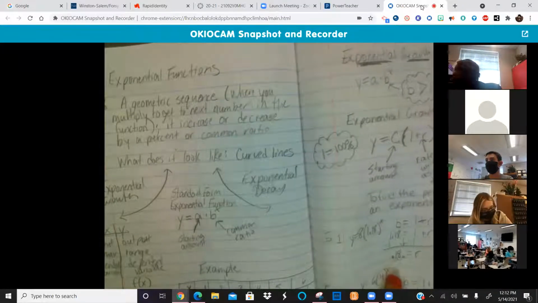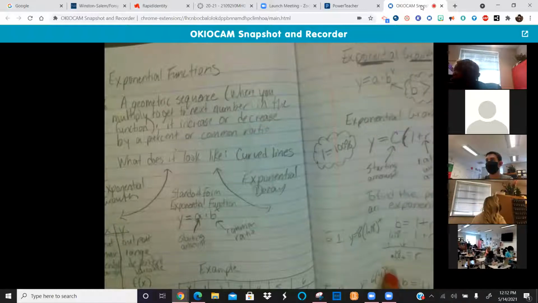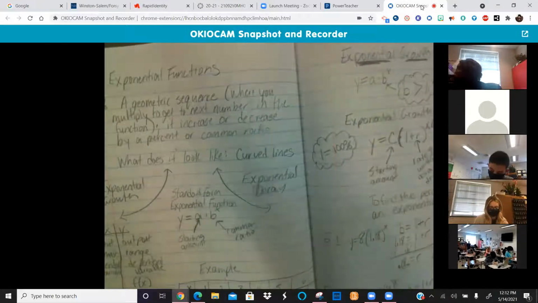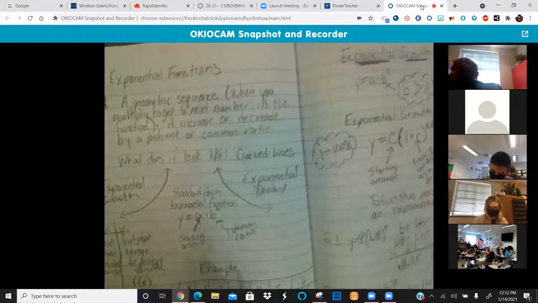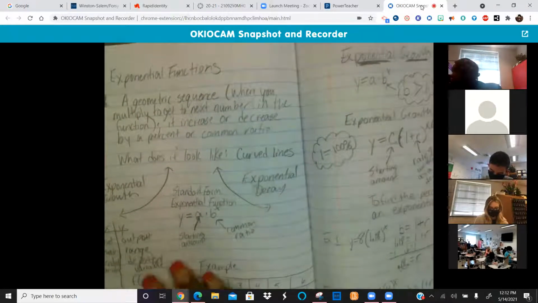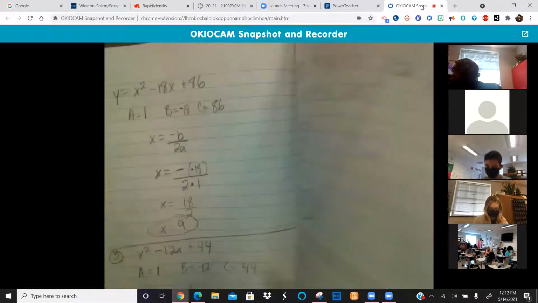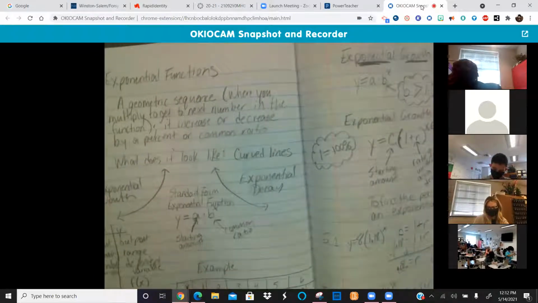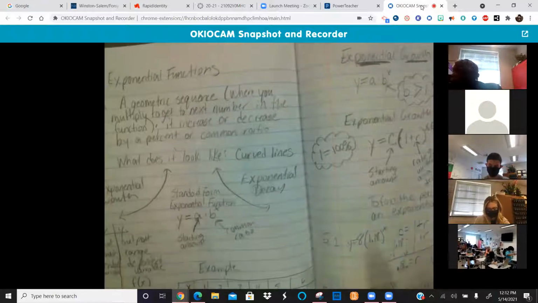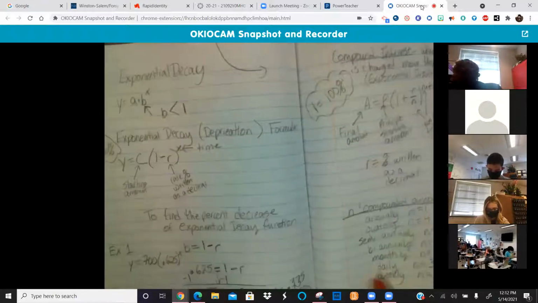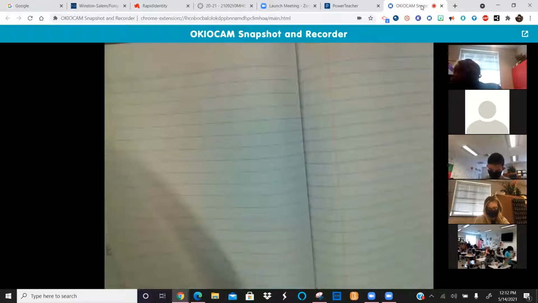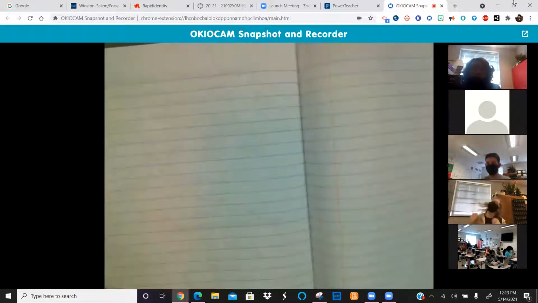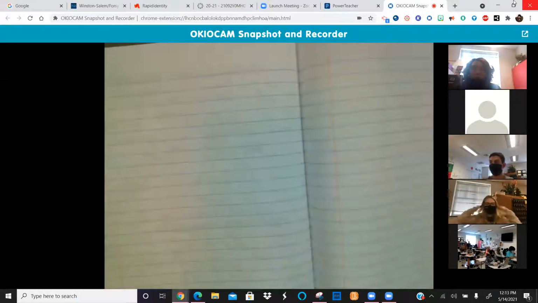You don't have to skip pages unless you want to. Just make sure it's numbered because you're going to take a picture of it and put it into your digital interactive notebook anyway. So 23 is going to be the exponential functions video from the EOC review, but today we're doing page 24.